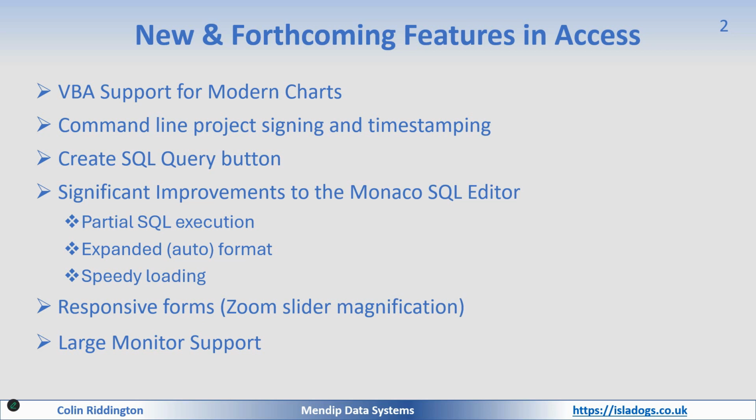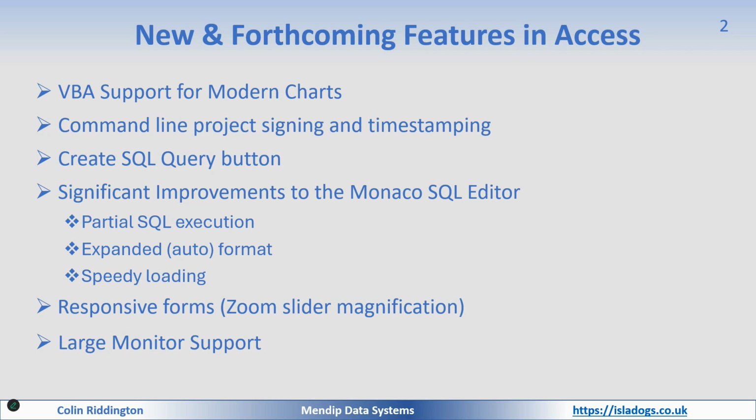Starting with modern charts. Modern charts were introduced in Access 2019, but were significantly improved last year. And early this year, they added VBA Support to allow you to code every part of your charts, including at runtime. A lesser used feature probably is Project Signing, which was always available back in the days of Access 2003 and before for MDB files, but when they changed to the ACCDB format, they didn't include that functionality.